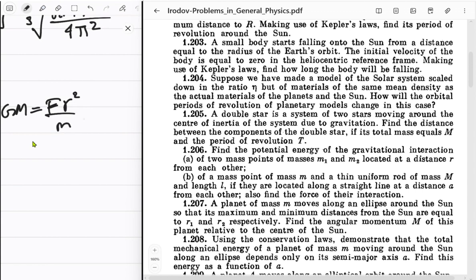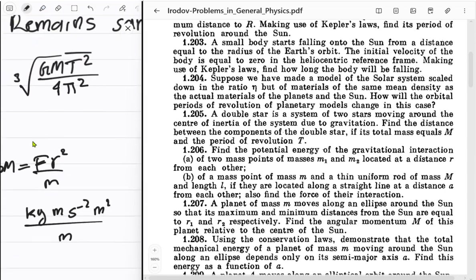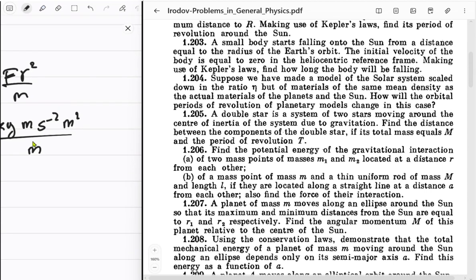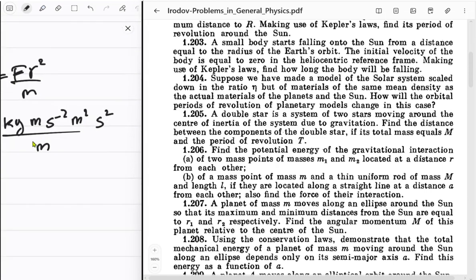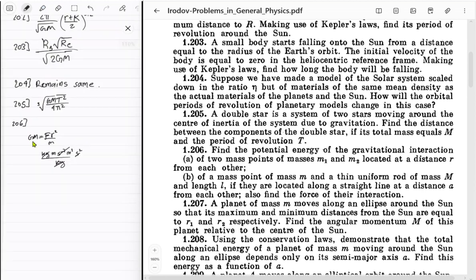So kg meter per second square times meter square upon a meter, and that times time squared, so you got second square over there. Oh, it's not, it's a mass, sorry. So it's kg. This cancels. M cube works out. Next question.